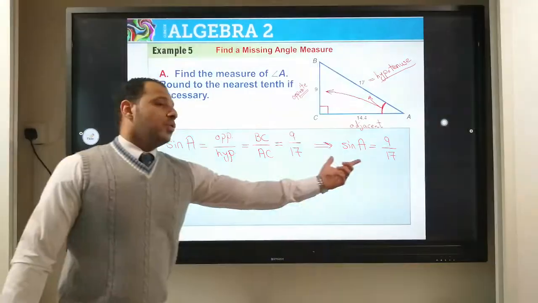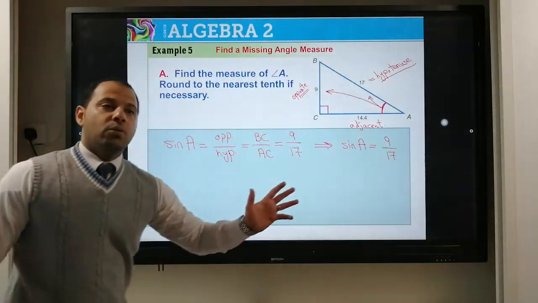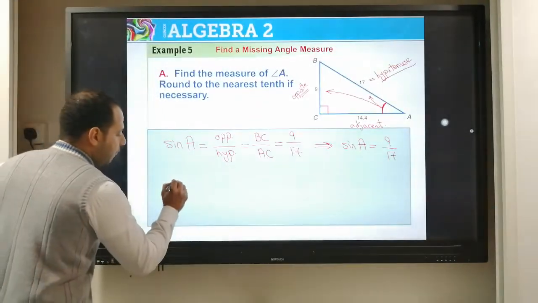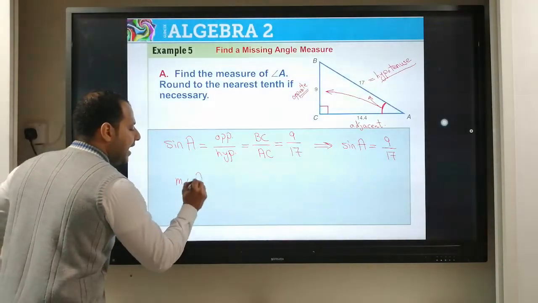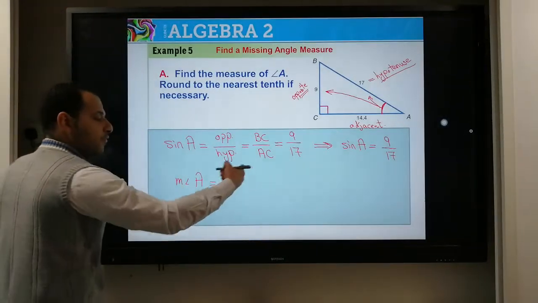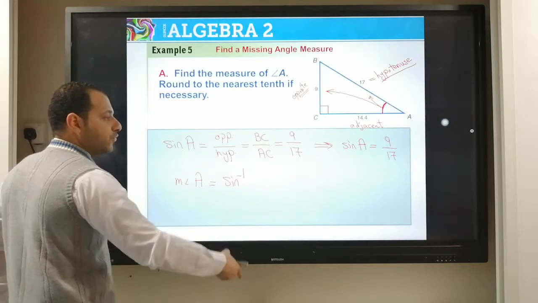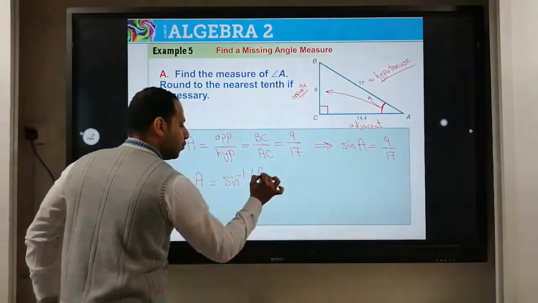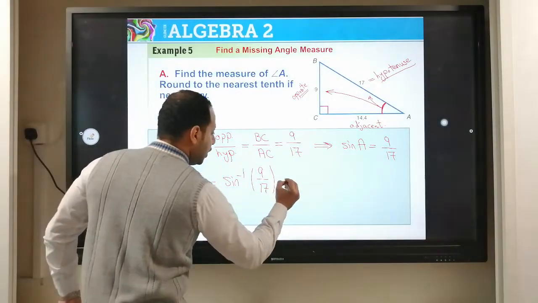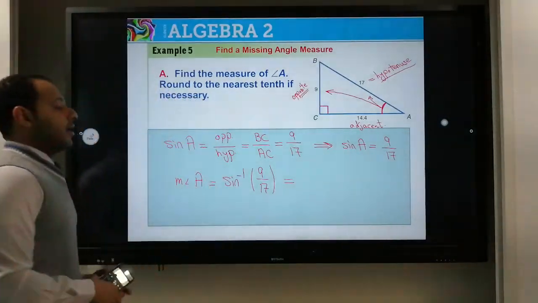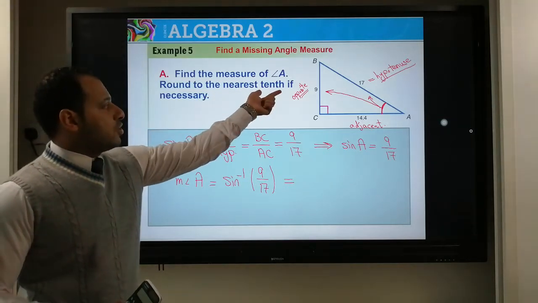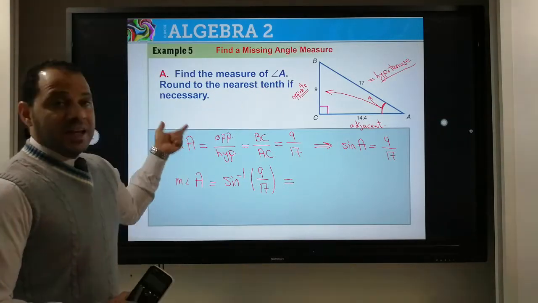Let's get the angle. To get the angle we use inverse sine. So the measure of angle A equals inverse sine of the fraction 9 over 17. In your calculator, press shift sine, then the fraction 9 over 17, close the bracket and then equal, and approximate to the nearest tenth if necessary.